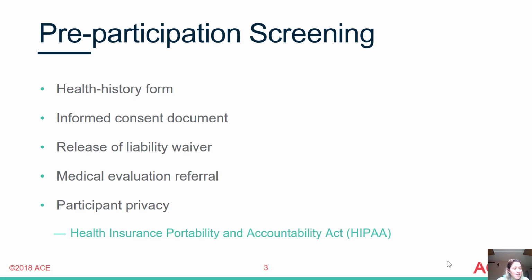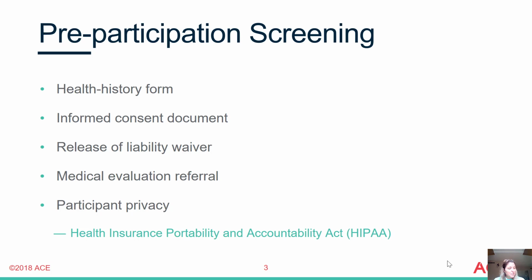These screening forms are health history documents that are typically collected at the initiation of enrollment to a fitness facility or a defined group fitness program, along with the informed consent and a release of liability waiver. It's the responsibility of the facility or the business operator to determine if medical evaluation by a physician is warranted prior to the individual participating in physical activity, based on the health-related information provided on his or her pre-participation forms.